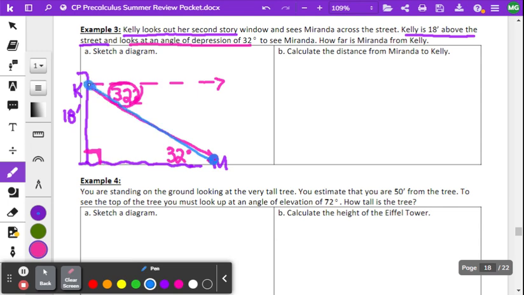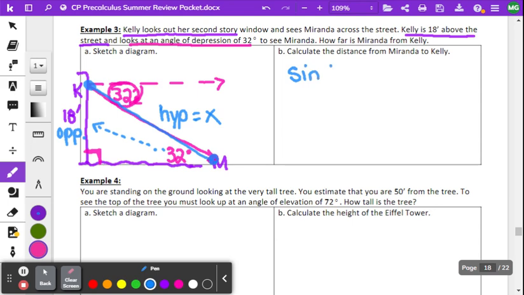So we're asked to calculate the length of the hypotenuse here. We've been given the length of the opposite side. I'm going to call the hypotenuse x. So which trig ratio uses opposite and the hypotenuse? Hopefully you remember it's sine.